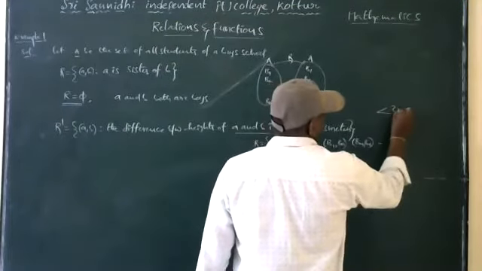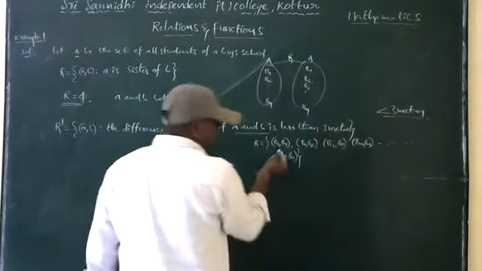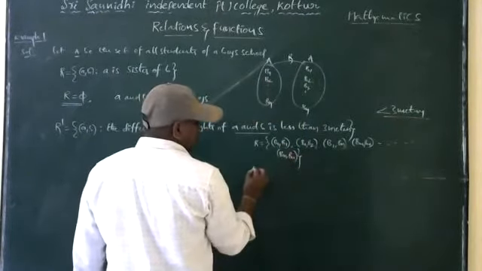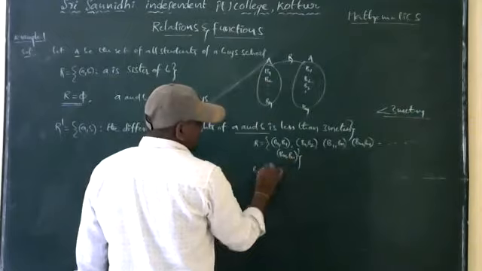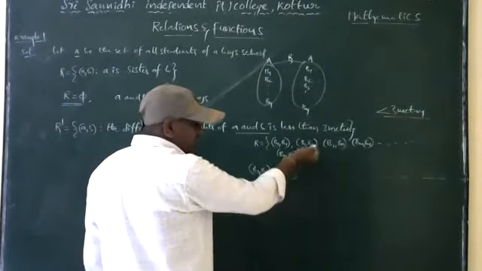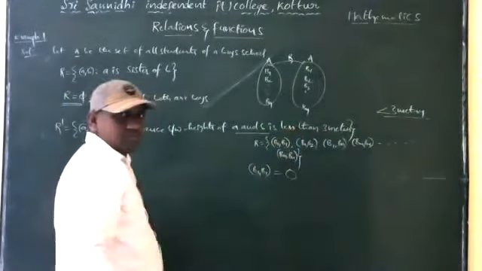For example, if A and B are both boy 1, their height difference is 0 meters. Similarly, if you take any boys, it's not possible for the difference to be more than 3 meters.